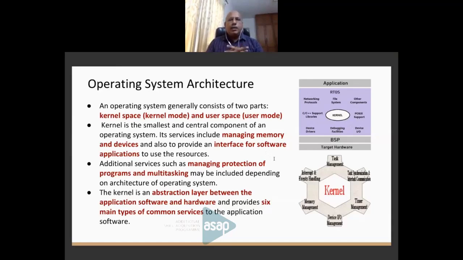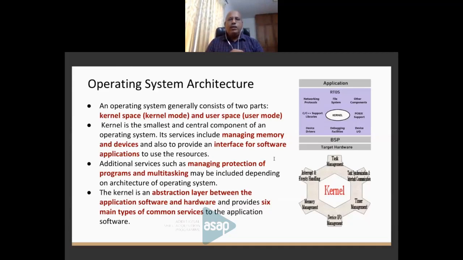In an operating system, there are two spaces. One is called kernel space, and the other is called user space. Most of the microprocessors on which a real-time operating system runs have privilege modes. Unlike the 8086 or 8085 you studied, which don't have these specific modes to support an RTOS.